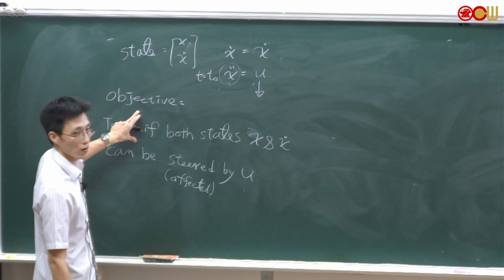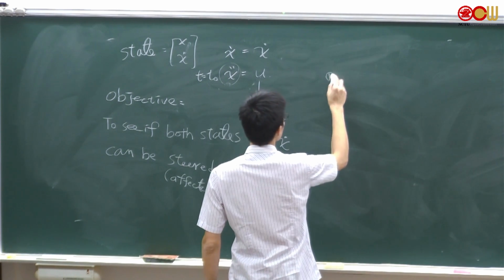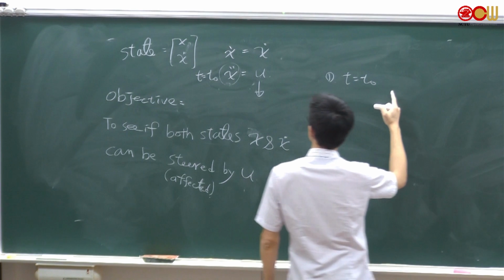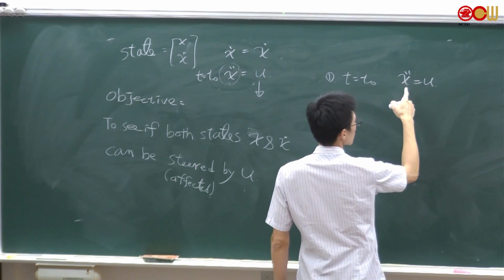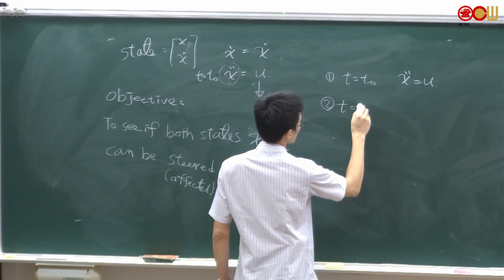Okay, here's our objective. At t equal to 0, for any time, your input can control the acceleration. But how about the next time, t equal to t1?